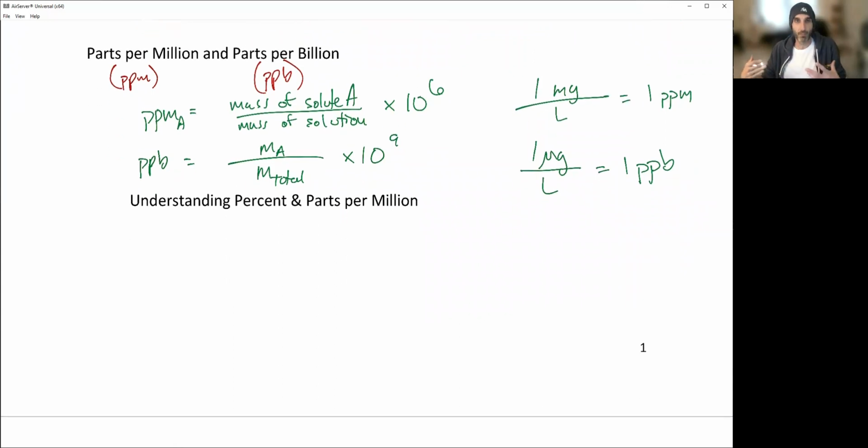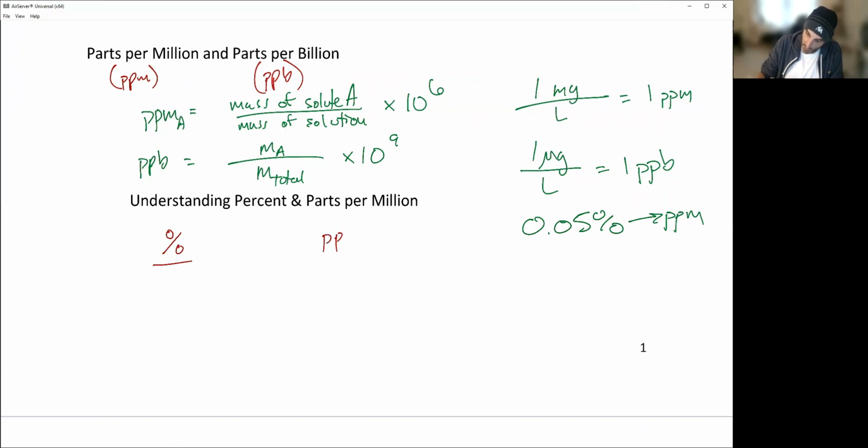So let's put that in context. First of all, 0.05%, let's turn that into parts per million. So 0.05% is the same thing as saying 0.05 over 100, right?